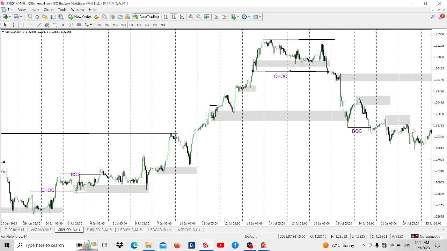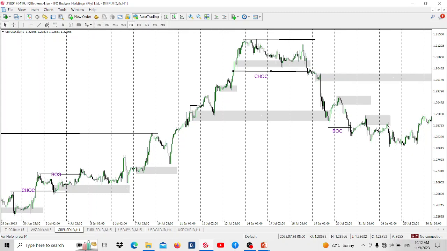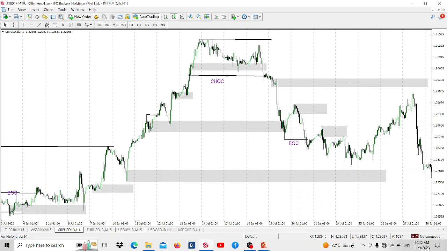For example here, we could have had our sell, but that sell wasn't as beautiful as we hoped it to be. The market went closely up here to tap there to find our sell.